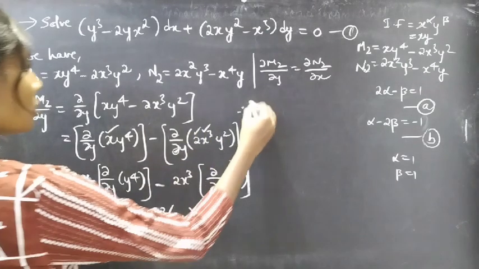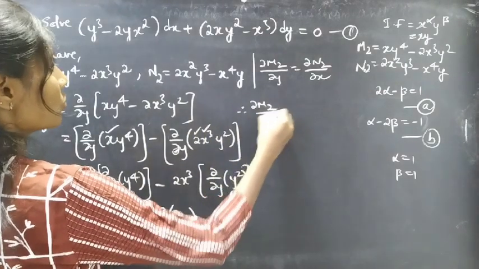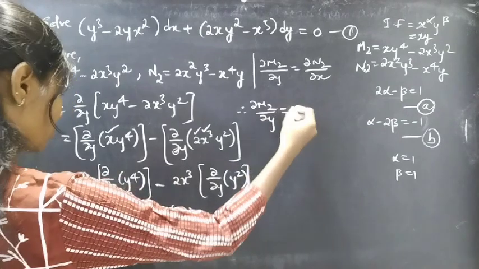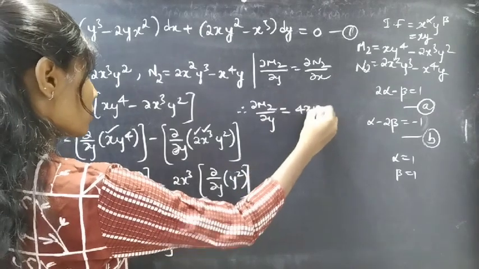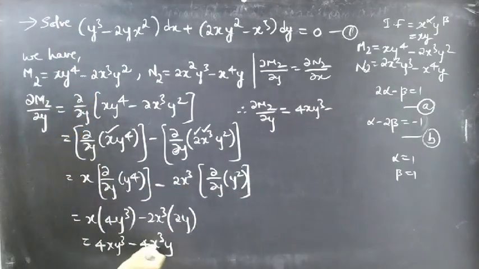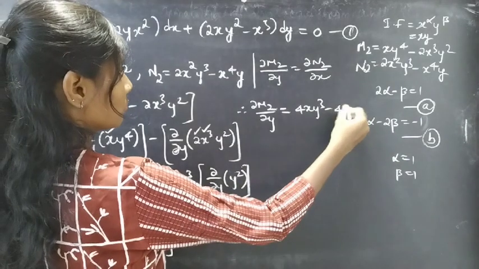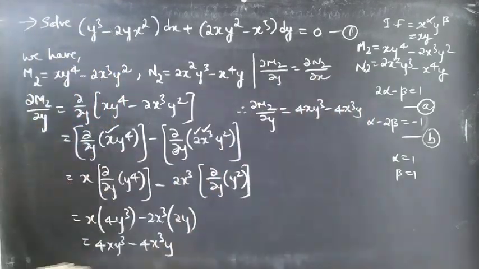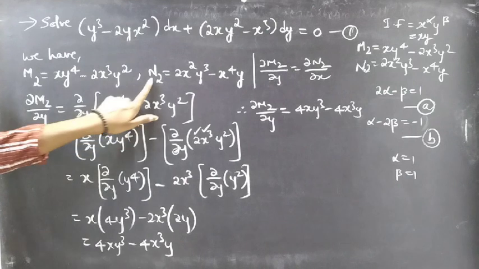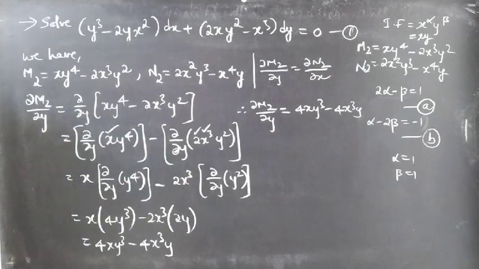Therefore, partial derivative of M2 with respect to y is 4xy cube minus 4x cube y. Let's now find partial derivative of N2 with respect to x.